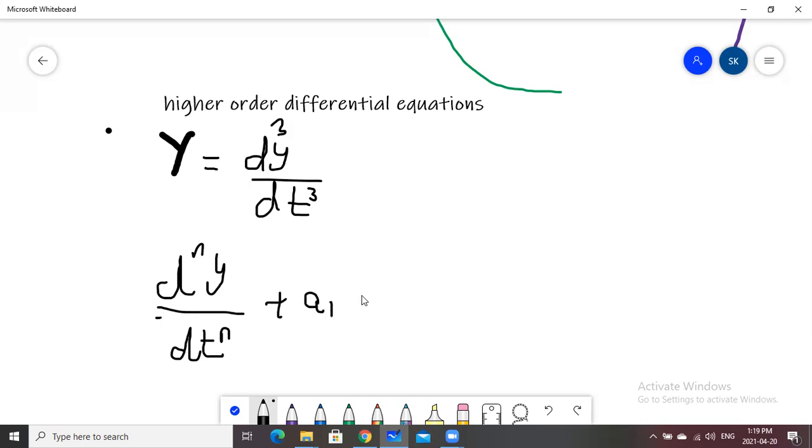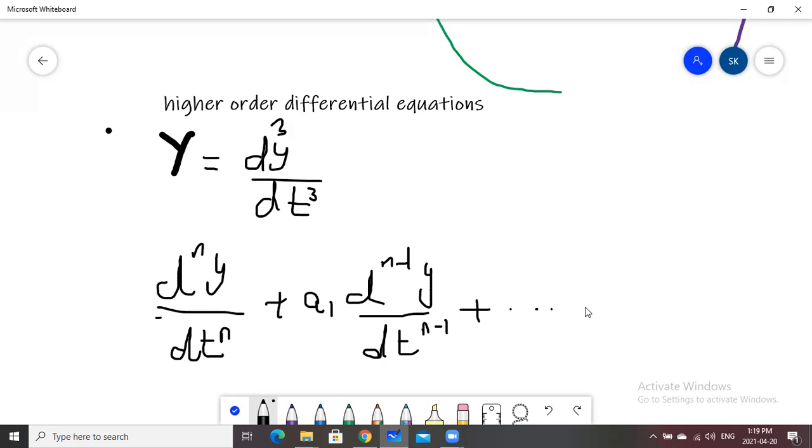Then the next derivative is d^(n-1) y divided by dt^(n-1). In the same way, it will become a2 d^(n-2) y divided by dt^(n-2) and so on.